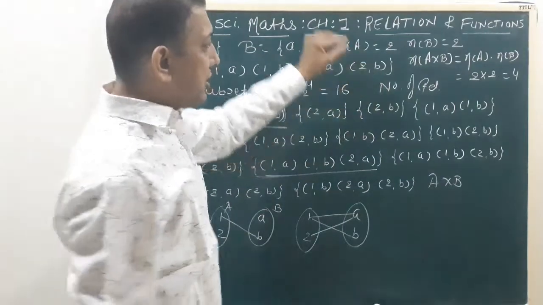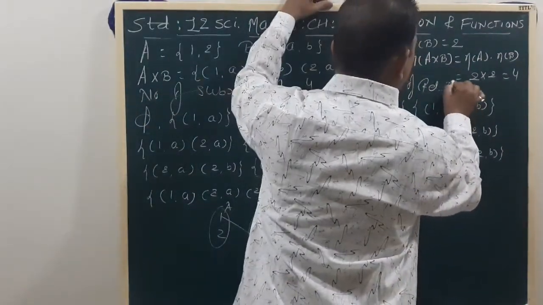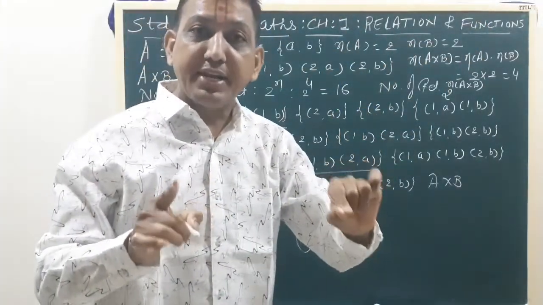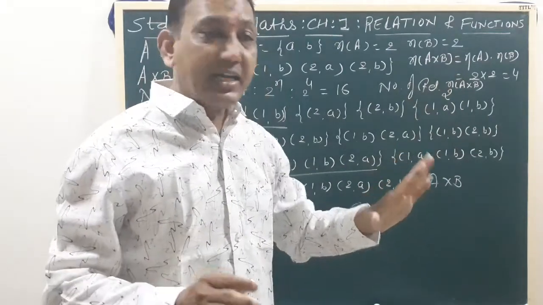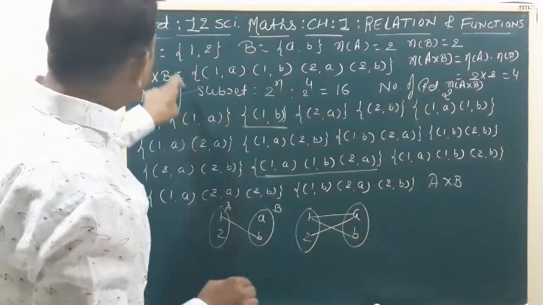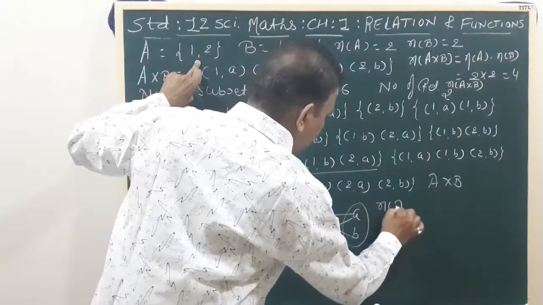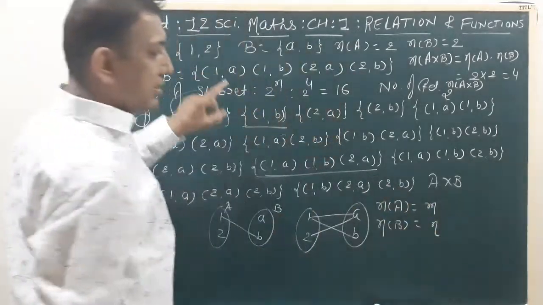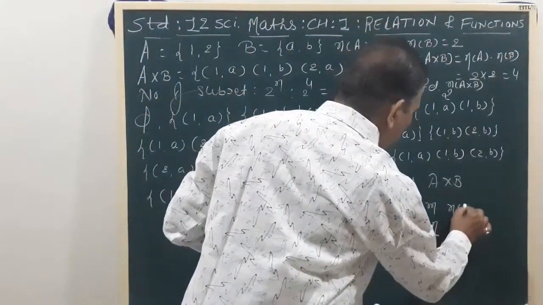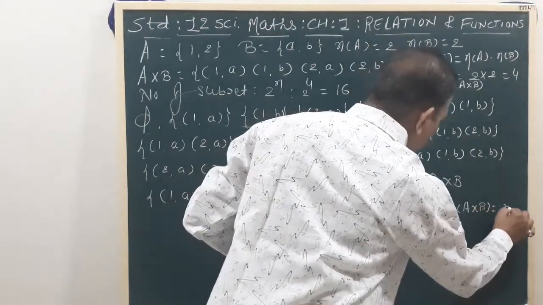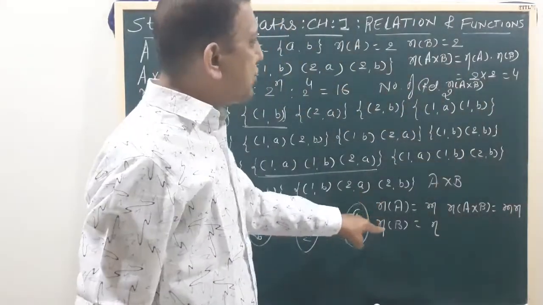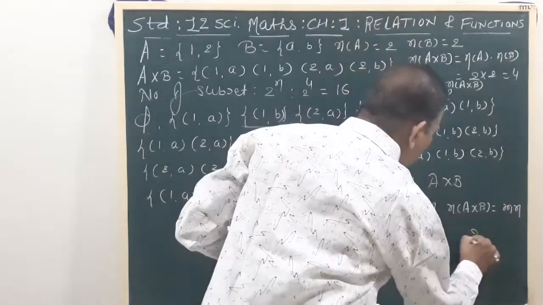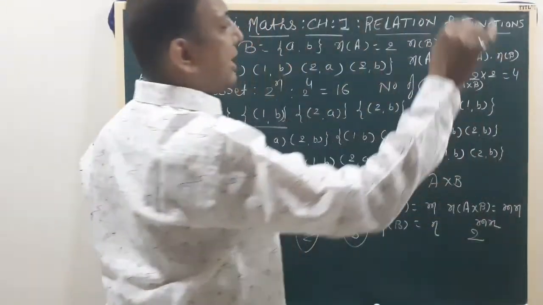Number of relations formula: 2 raised to the power number of A cross B. That means if the number of elements in A is M and the number of elements in B is N, then the number of A cross B equals MN, because it is number of A into number of B. Put M and N here. So our number of relations formula is 2 raised to MN.